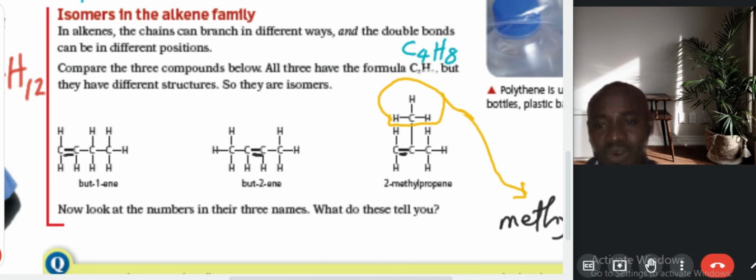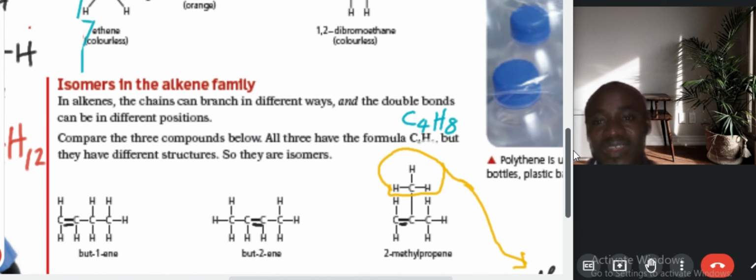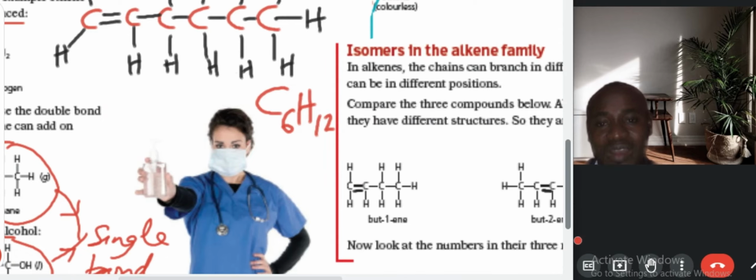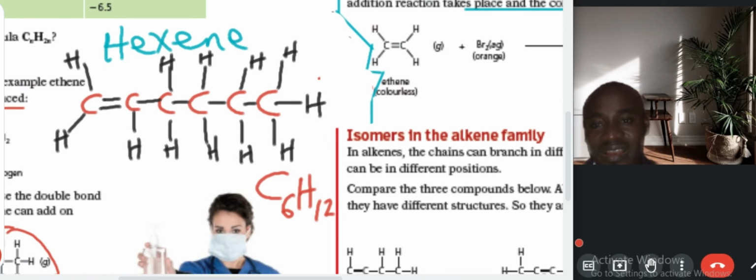Now, why is this one called but-1-ene and this one called but-2-ene? If you notice, the double bond is on the first carbon in but-1-ene. In this one, the double bond is on the second, but-2-ene. So the position of the double bond determines the name. When I was explaining how we got hexene, the double bond is on the first carbon, so this is actually hex-1-ene.